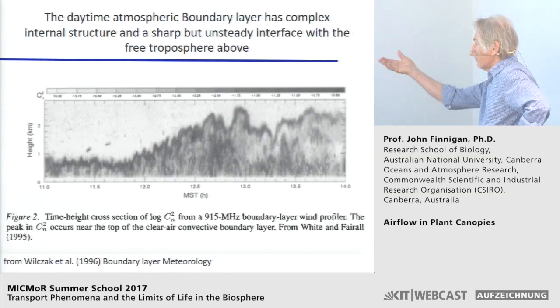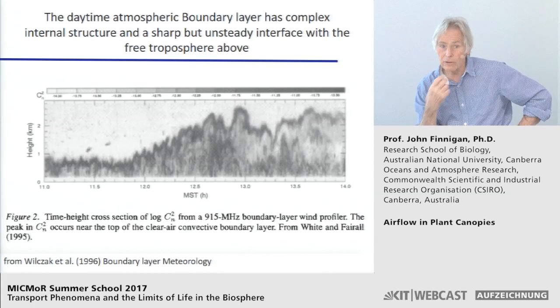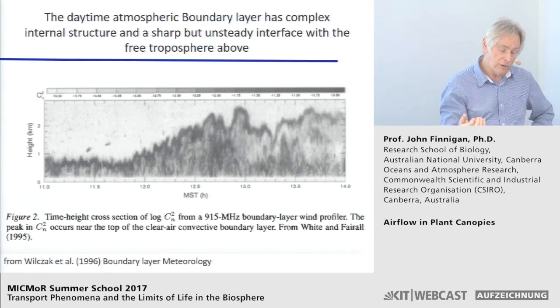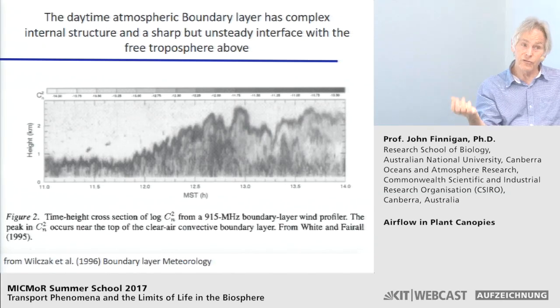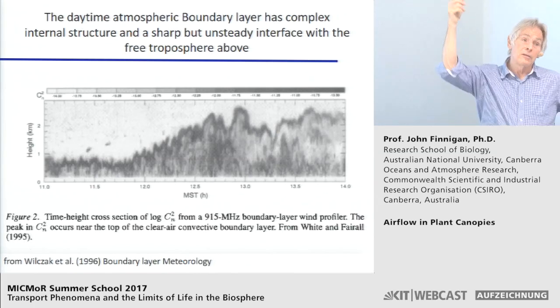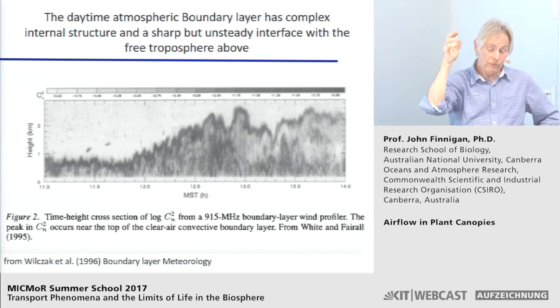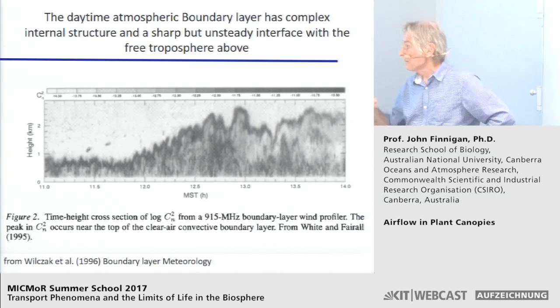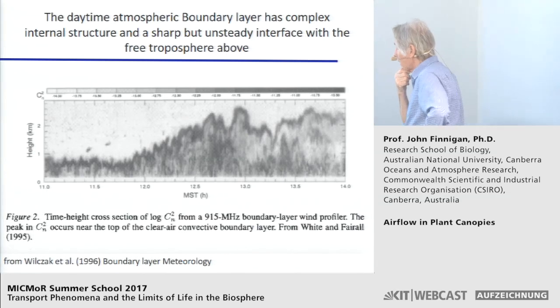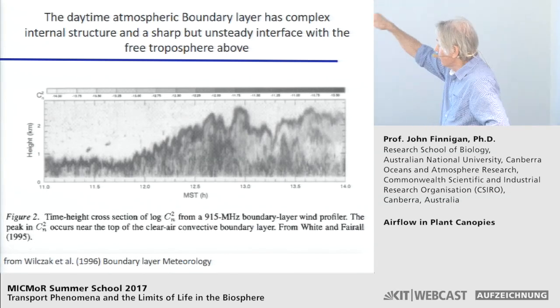If we take a picture of this with an acoustic sounder, which is a sort of sound radar, it fires pulses of sound into the atmosphere. These get reflected from fluctuations in refractive index, and you can pick them up again. And you can see the structure of the boundary layer.